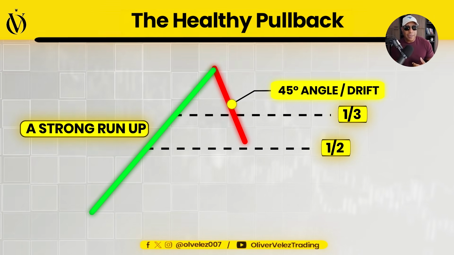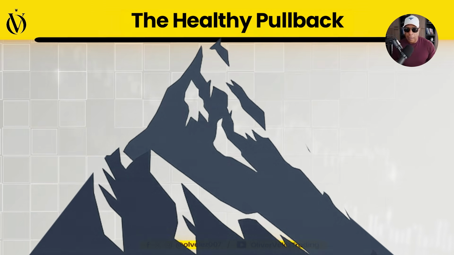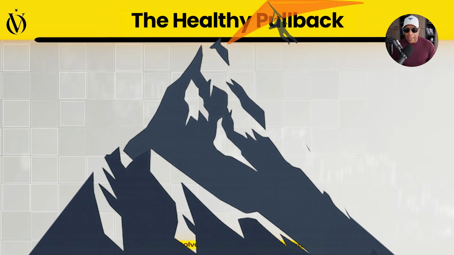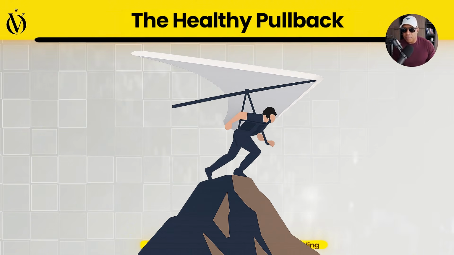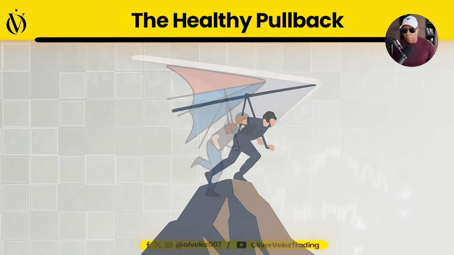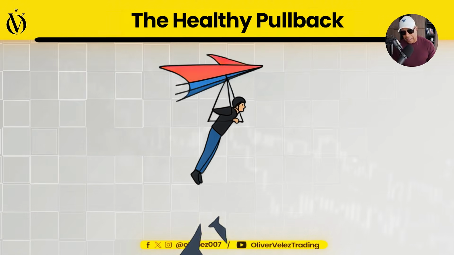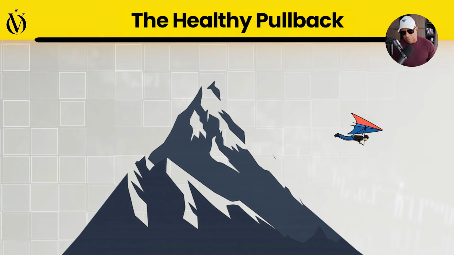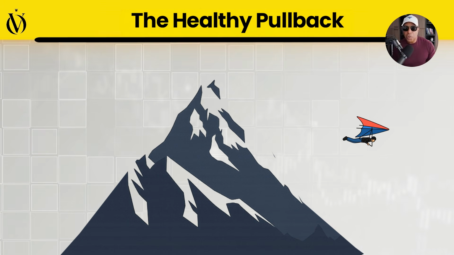Now, the way I explain it to my trading kids is this. I draw a little mountain and I draw a little hang glider here. He wants to hang glide off this mountain into the meadow, but he wants to jump off the mountain and glide down the mountain. You see? Gracefully, smoothly.